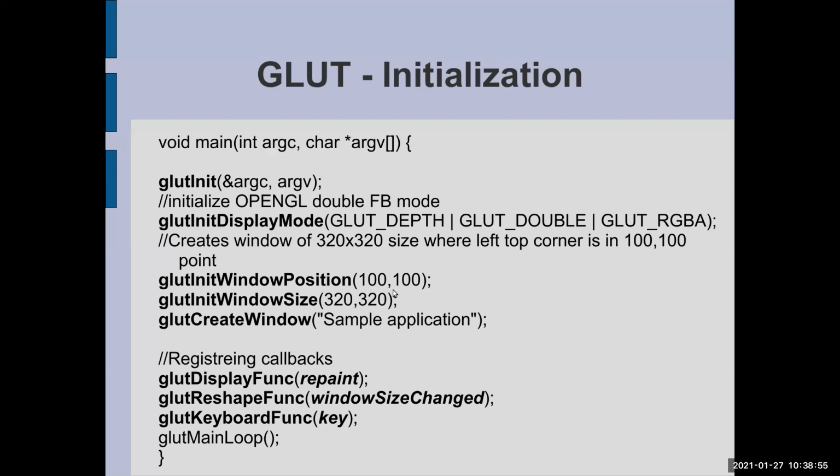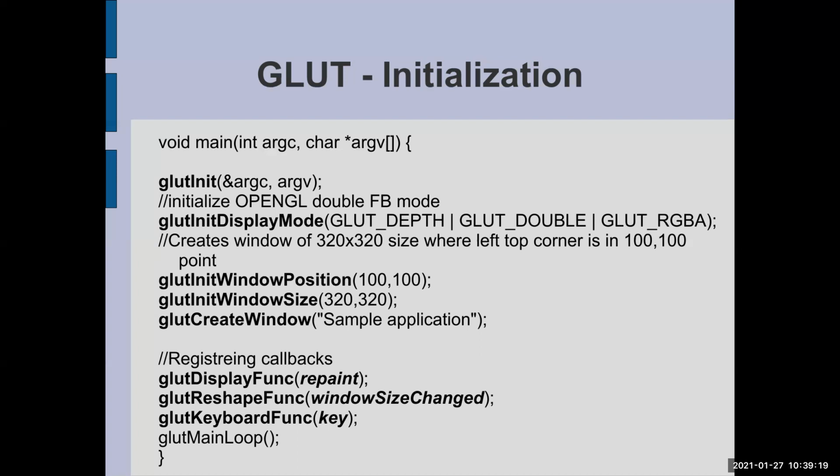Okay, then we create a new window position. So the position of the left top corner of the window. We set window size and window text. So in this case, the window is displayed. Of course, in OpenGL, we have to display an additional window.